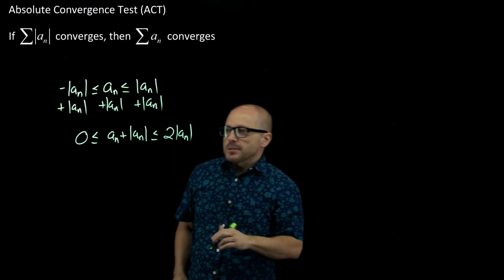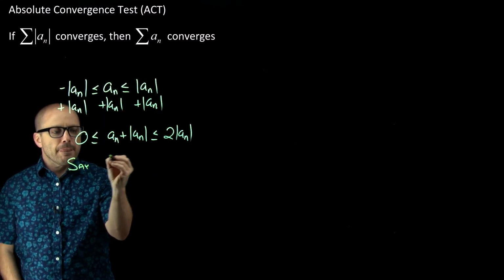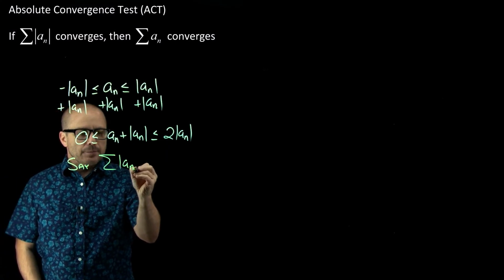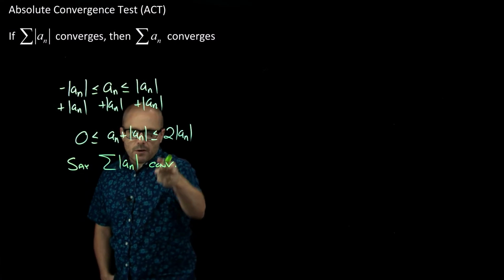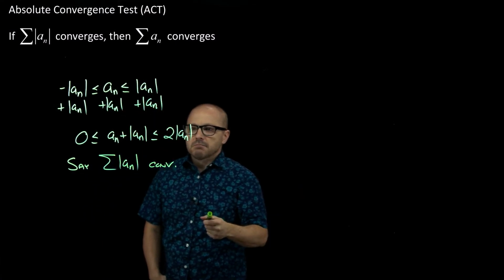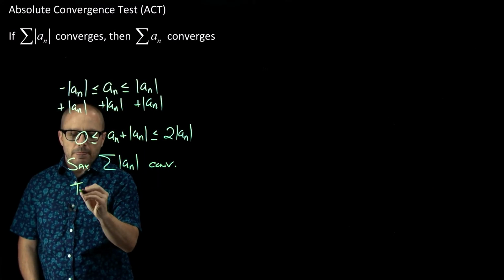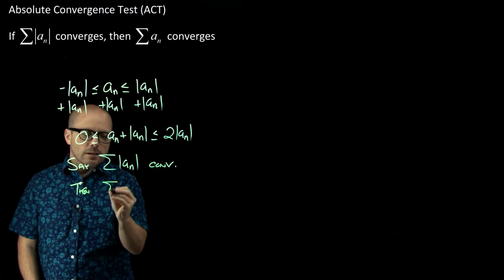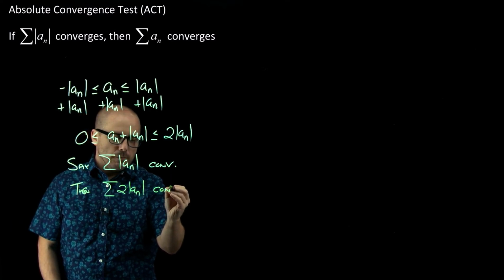But our theorem says, so say the absolute value of our terms converges. Well, we know from our properties of series that when you take a constant multiple, that's also going to converge.